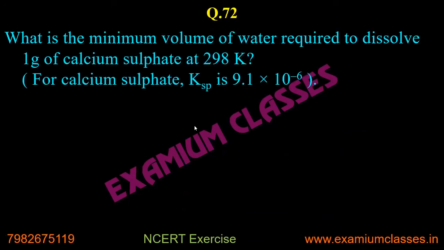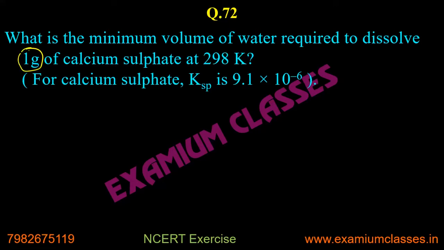Next question. What is the minimum volume of water required to dissolve 1 gram of calcium sulfate at 298 Kelvin? Again, a very similar and easy question, asked in a different way. Basically, how do you get the gram concentration?